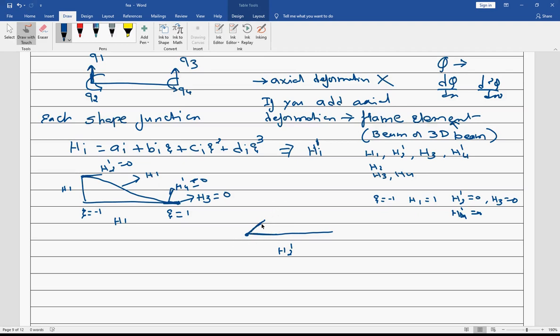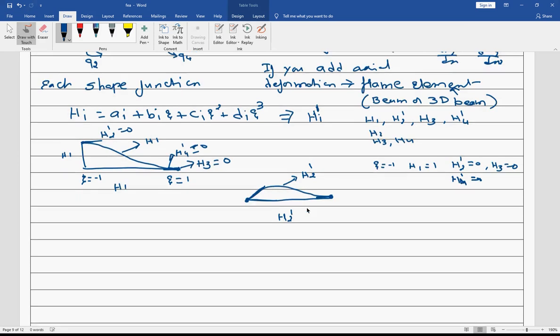This line represents slope equal to 1. Then h1 is equal to 0, h3 is 0, and h4 dash is again horizontal. This is the slope. So my behavior of h2 dash should be something like this.